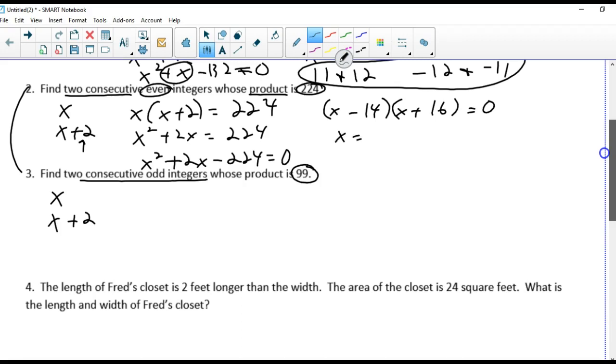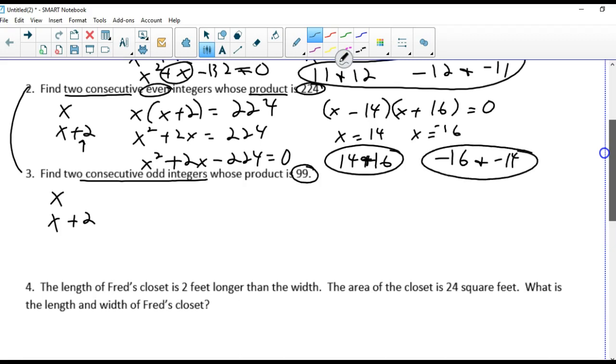Now, when we solve this, we're going to get positive 14 and negative 16. Like the previous question, we plug 14 in, and add 2 to it, we get 16. But if we plug negative 16 in and add 2 to it, we get negative 14. And those are two consecutive even numbers.